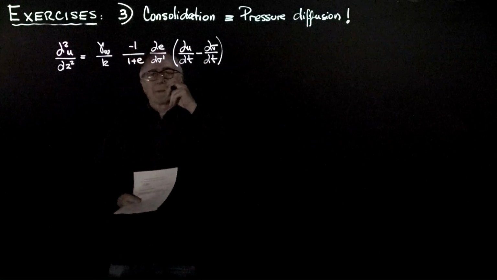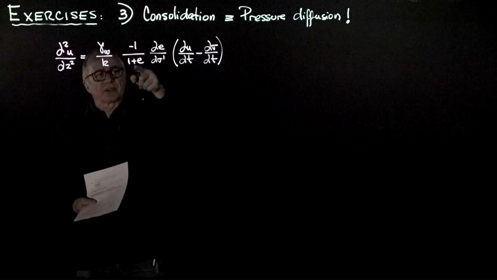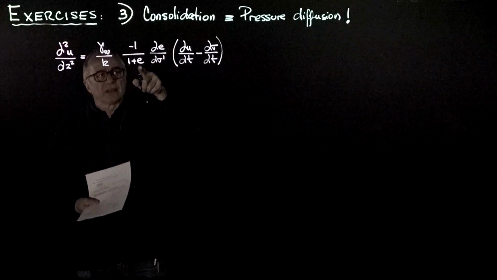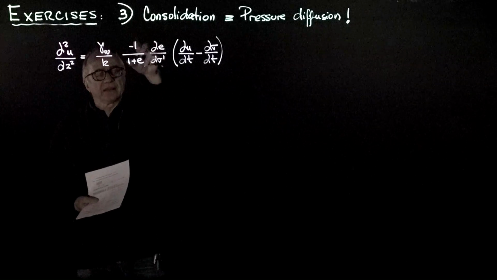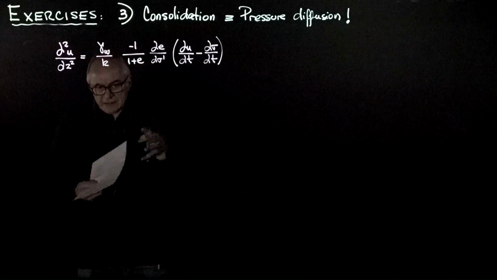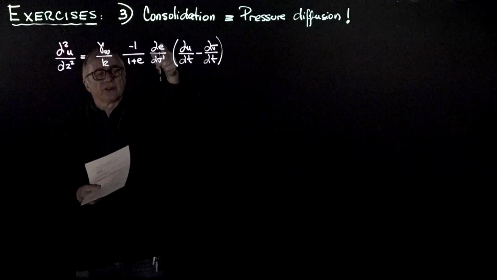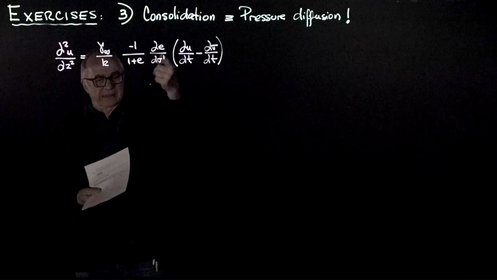Now, please recognize that the change in void ratio with respect to 1 plus the void ratio is the volumetric strain. This is a 1D problem under 1D conditions, constrained. You cannot have lateral strain. The volumetric strain becomes the vertical strain.